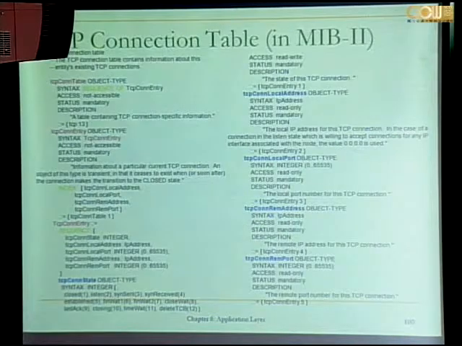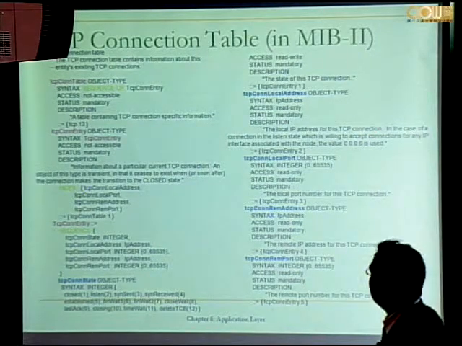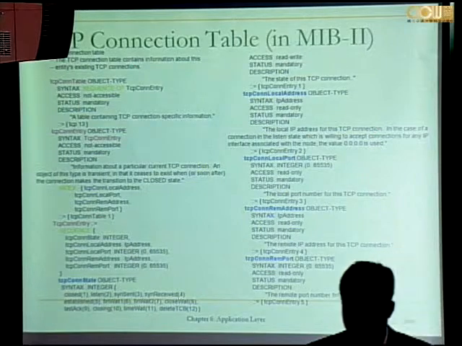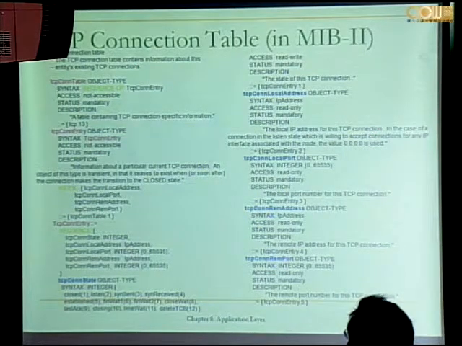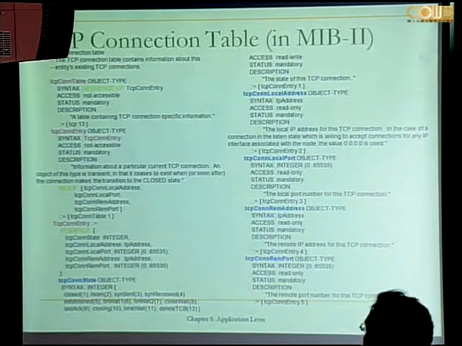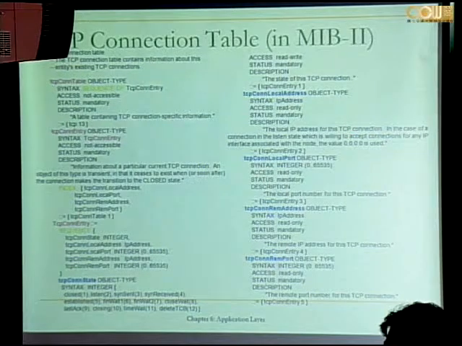So it'll be something like this. So here it's a schema, the MIB schema. Which MIB? The TCP connection table. The TCP connection table is a part of the MIB. It's one object of the MIB.